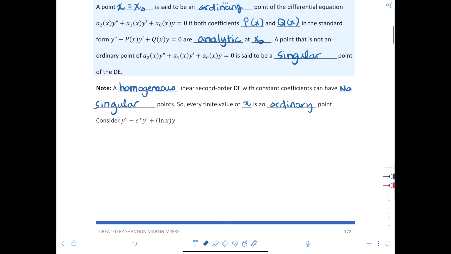Consider y double prime minus e to the x times y prime plus natural log of x times y. So this is already in standard form. Our p at x is equal to e to the x, and e to the x is everywhere continuous, right? That means it's continuous on all real numbers.